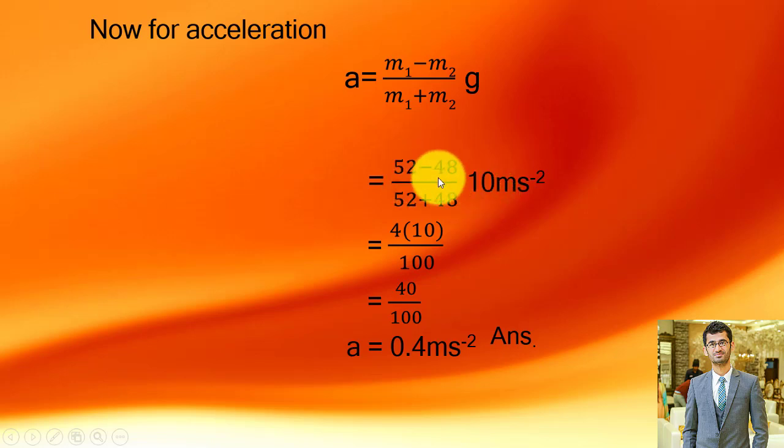By solving this, we get 4 multiplied by 10 divided by 100 gives us 40 divided by 100. By solving this, we can get the value of acceleration as 0.4 meter per second square, and that is the answer of the question.